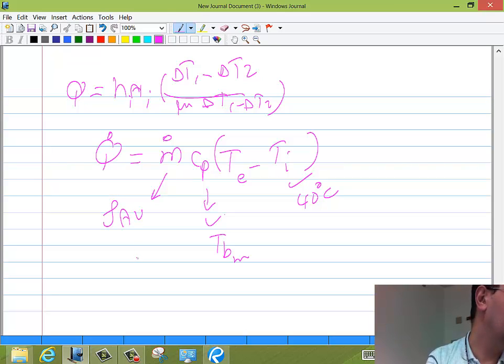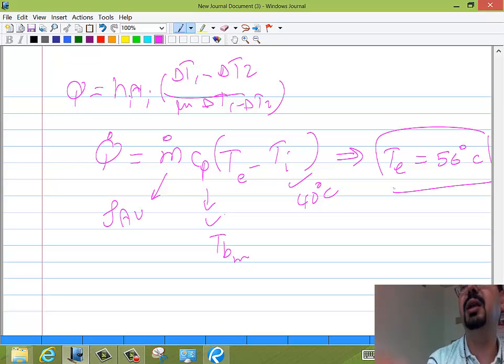All right? So you get basically from that T exit, which turned out to be 56 degrees C. And then you question your assumption of the temperature that you assumed. Was I right to assume 40 or not?